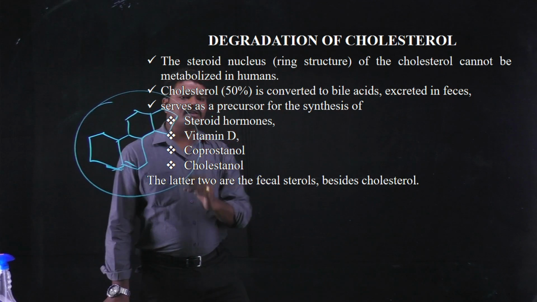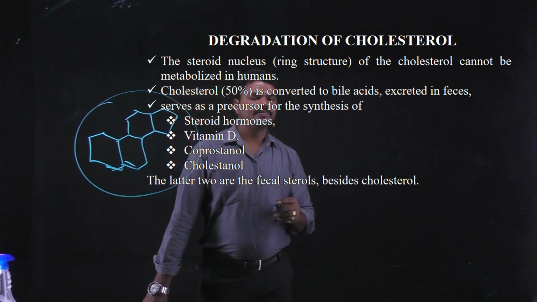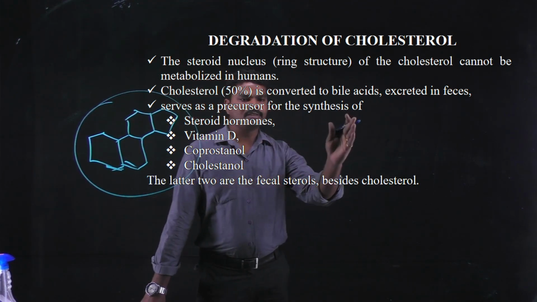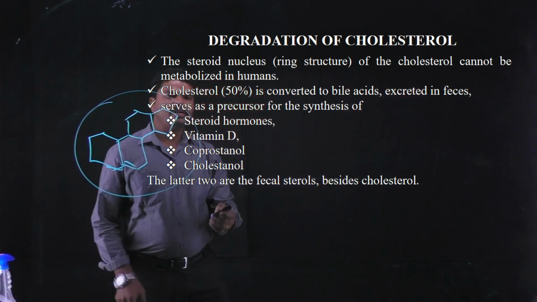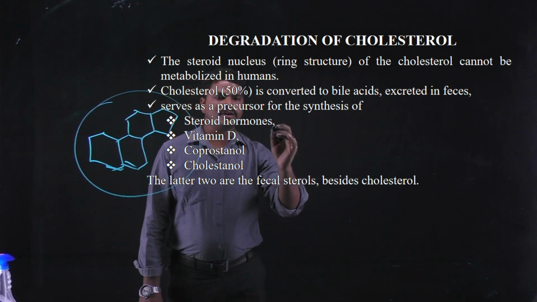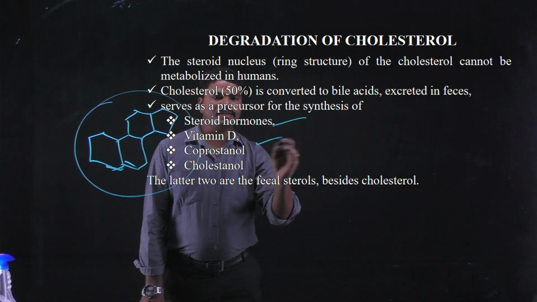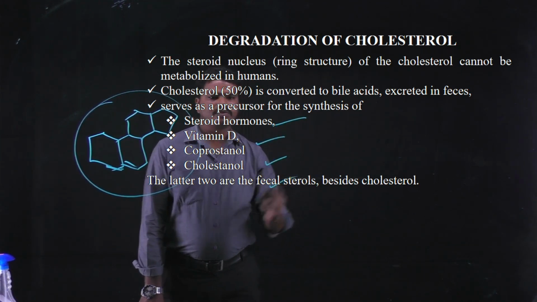50% of cholesterol is converted to bile acids and excreted in the feces. The remaining cholesterol serves as the precursor for the synthesis of steroid hormones like sex hormones, vitamin D, coprostanol and cholestanol.